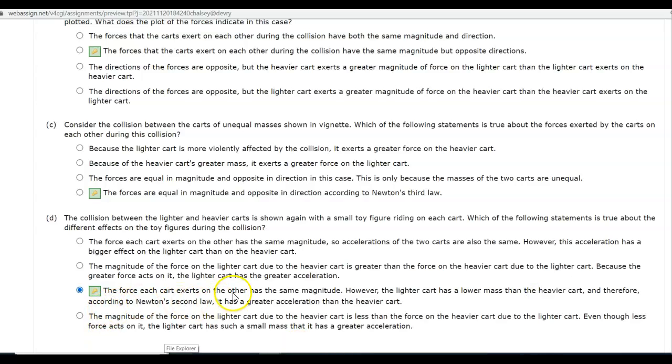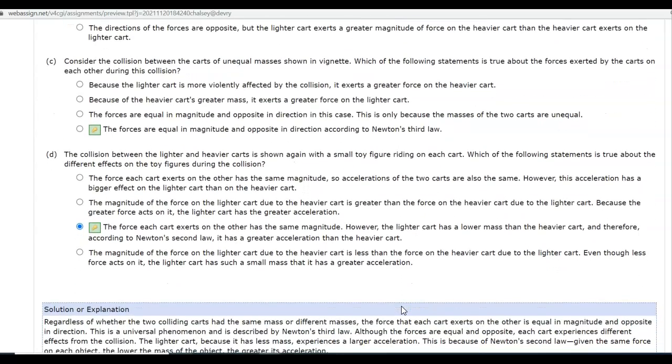The force each cart exerts on the other has the same magnitude. However, the lighter cart has a lower mass than the heavier cart, and therefore, according to Newton's second law, it has greater acceleration. And they show you that comparison when you put M1 and M2 and A1 and A2 on different sides of the equation.